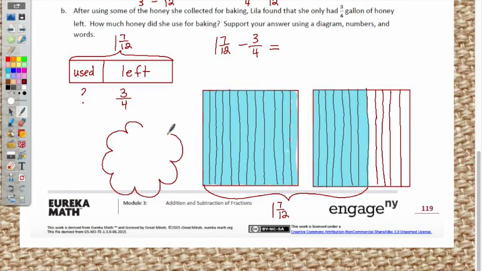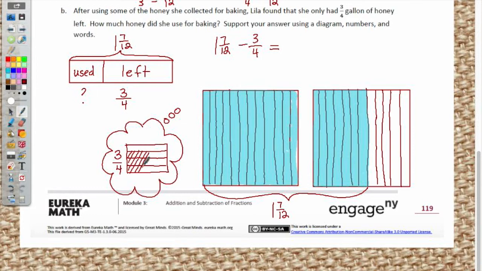Okay, I'm going to put my thought bubble over here because I need this room at the top to write my problem. So thought bubble here. Help me remember what goes in the thought bubble, Katie. 3/4. Whatever I'm subtracting. And this is the one that I'm going to divide using horizontal lines. Try that again. So, and how many will I shade? 3.